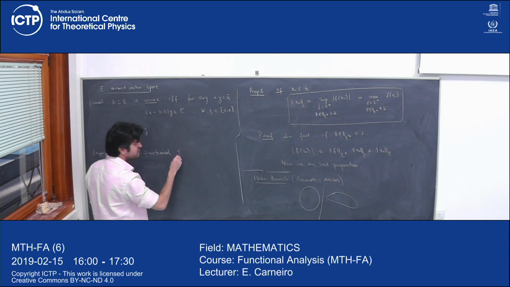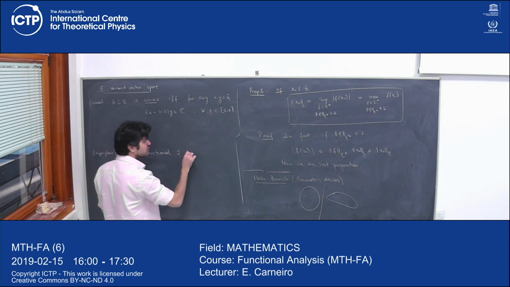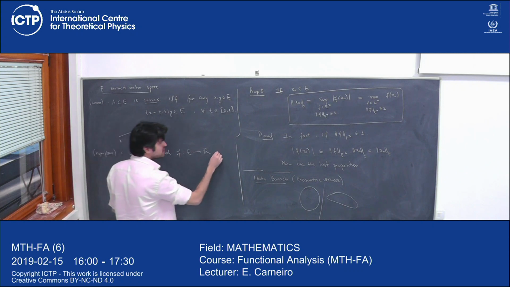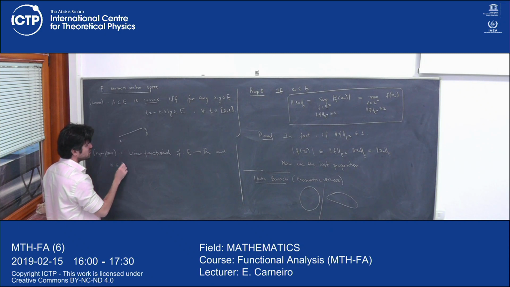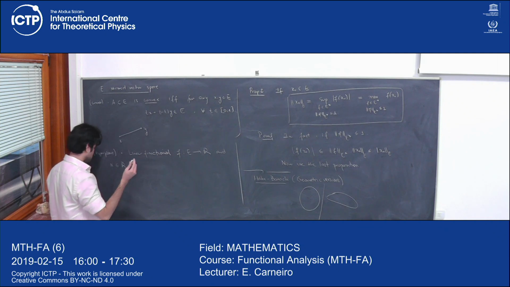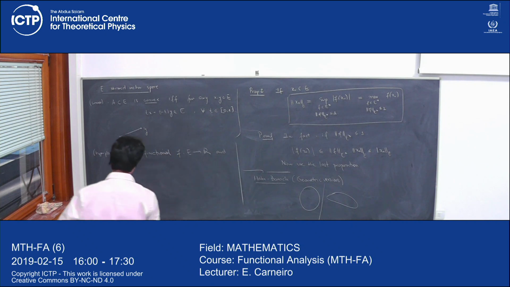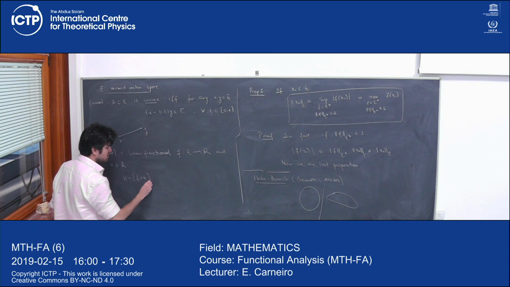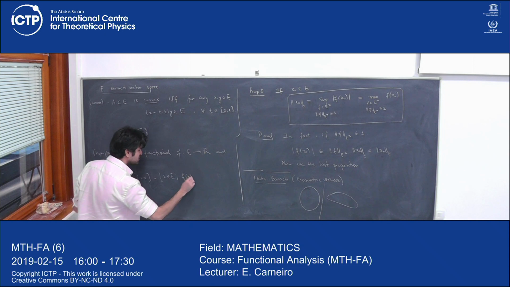You have a linear function f, not necessarily continuous at this moment, and a point alpha belonging to the reals. Let me establish the notation here just to keep in mind. The hyperplane H, which is the set of points where f equals alpha, is just the set of points x in your space E such that f of x is equal to alpha.